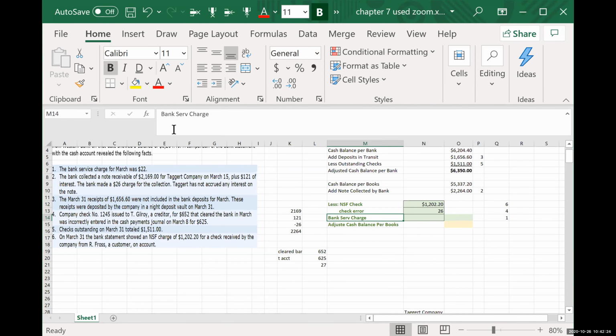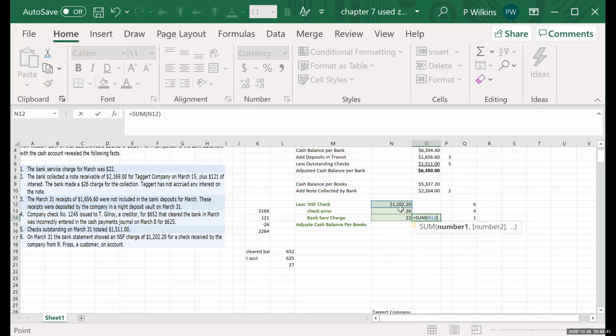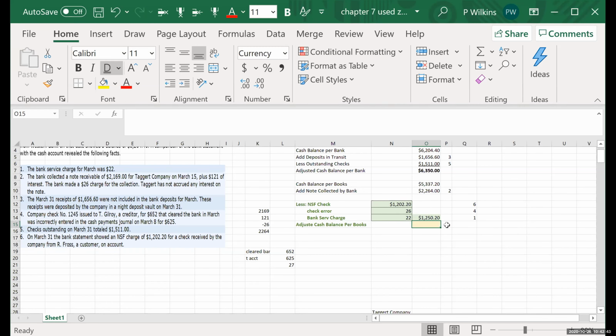And then we have the bank service charge, and the bank service charge is number 1. And the bank service charge was for $22. So we're going to total all of those together. And we're going to get the $1,250.